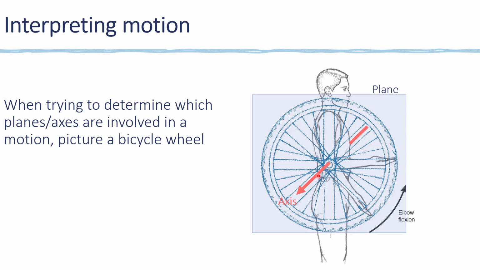So the axis is the axle of the wheel, and then the plane is just the wheel and the spokes. So you can remember this visual, and if you have a bike wheel, put it against your body, and when you're moving, you'll see that your body is always moving with the wheel itself, and then the axle of the wheel acts as the axis of rotation of your body.